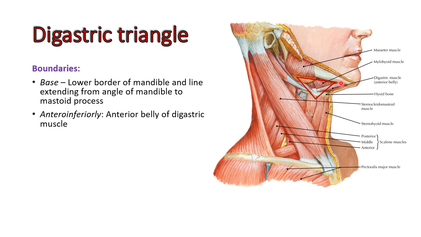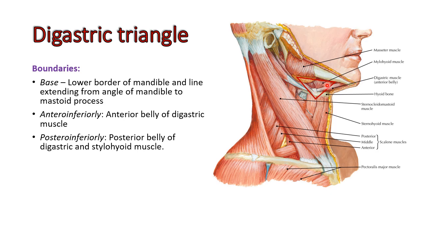That is the base, and anteroinferiorly it is bounded by the anterior belly of digastric, posteroinferiorly by the posterior belly of digastric, and one more muscle along with the posterior belly is the stylohyoid muscle, which arises from the styloid process to the hyoid bone. So that is the boundary of the digastric triangle.